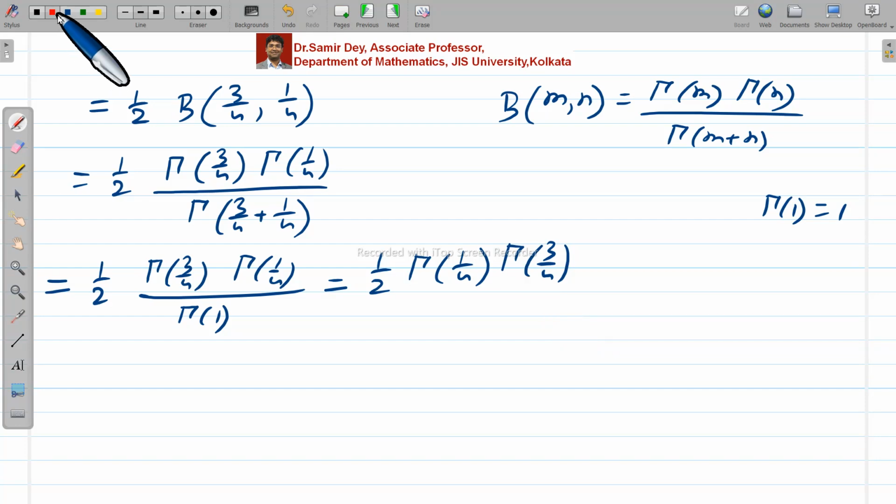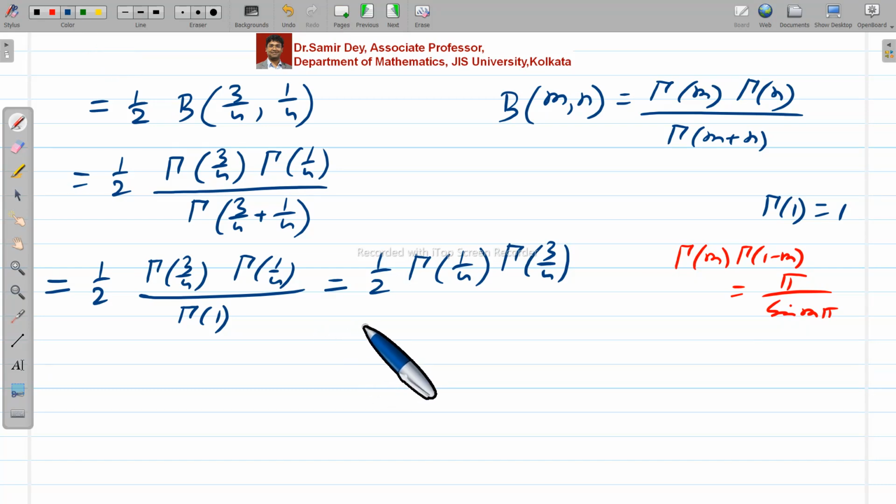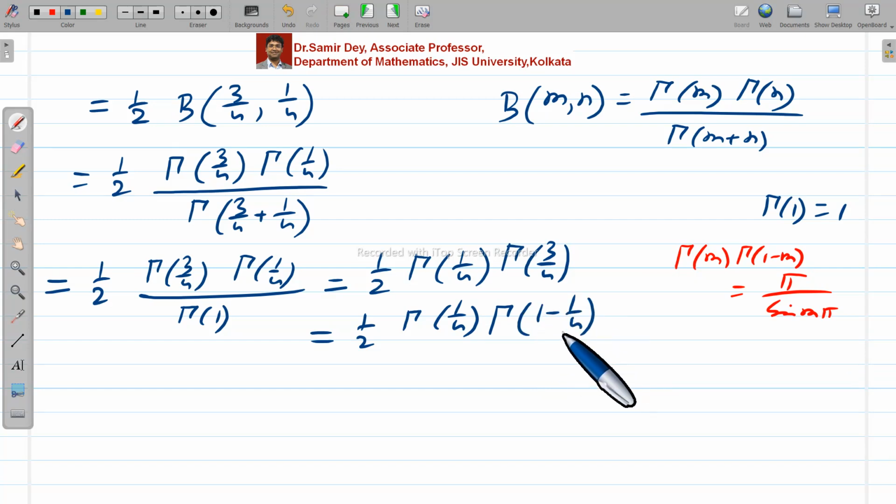Now you know one important formula: gamma m gamma 1 minus m is equal to pi by sine m pi. Already you know that. Correct? So we want to implement the same concept here. It is equal to 1 by 2. What is m? m is equal to 1 by 4. Gamma 1 by 4 gamma 1 minus 1 by 4.